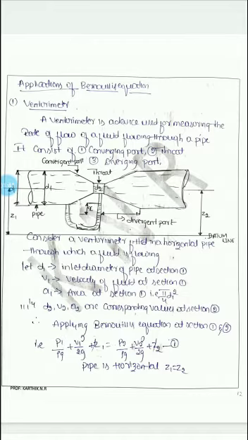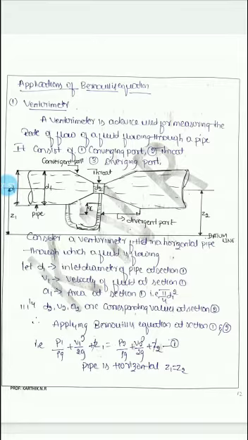The area of the pipe is A1, equal to pi by 4 into D1 square. Similarly, since the diameter of the throat D2 is known, we can calculate A2.